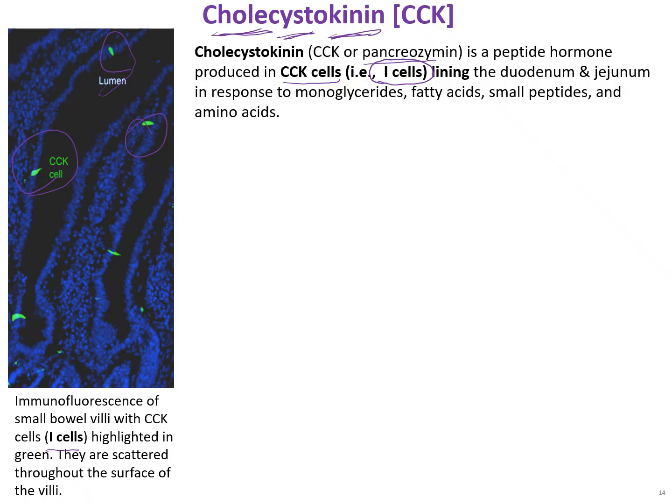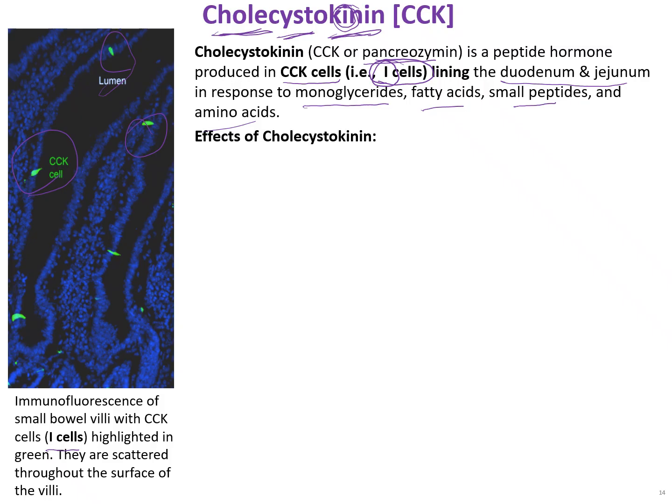So remember, cholecystokinin I for I cells, whereas gastrin G for G cells. Easy to remember, all right? These I cells are mainly present in the lining of the duodenum and jejunum, in response to monoglycerides like fats, fatty acids, small peptides, and amino acids.